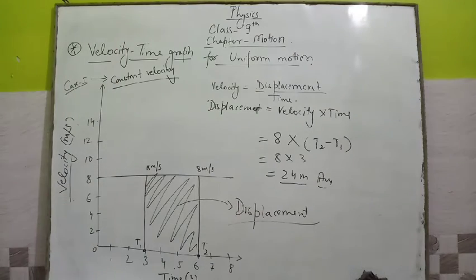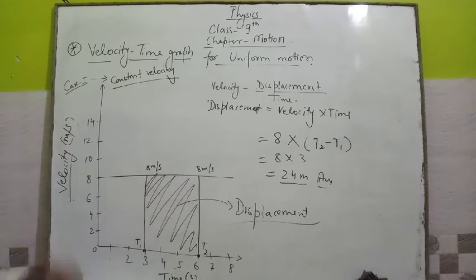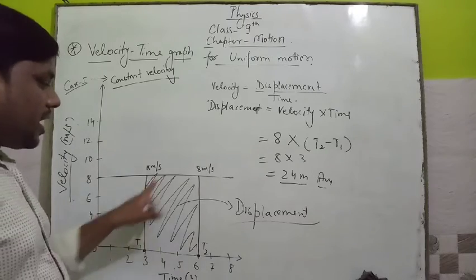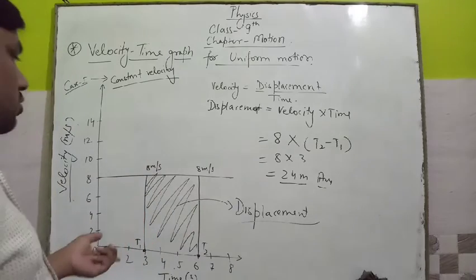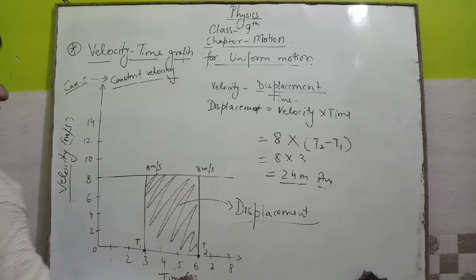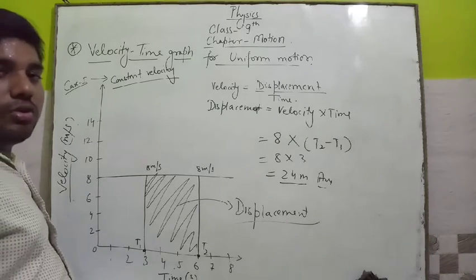If you want to find the displacement directly by the area, because this area can give the displacement, this is in the form of a rectangle. As we know, the formula to find the area of a rectangle is length into breadth.